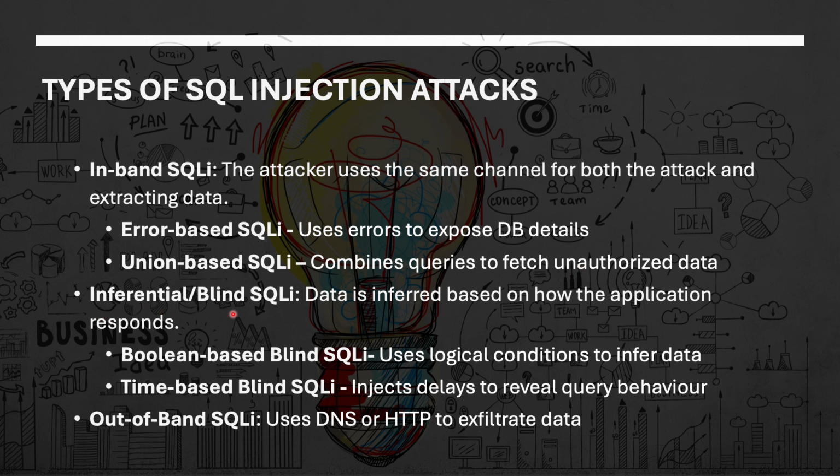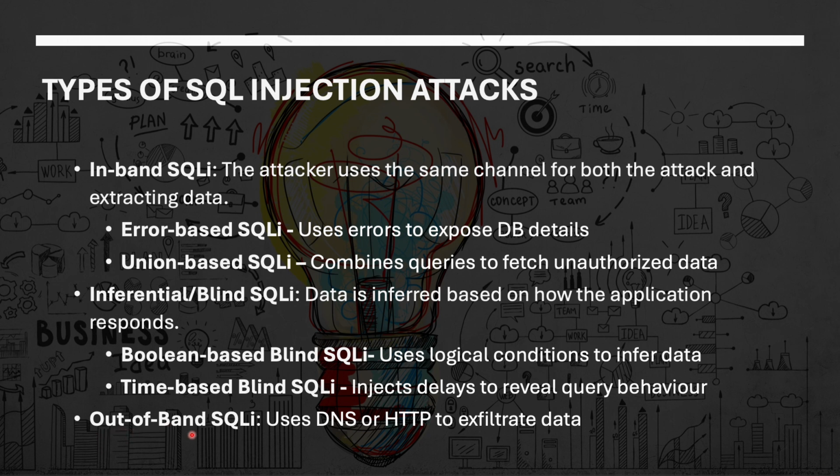Then we have inferential or blind SQLi, which doesn't reveal the data directly but infers it through application behavior. In this, we have first Boolean-based blind SQLi, where attackers use true or false queries to guess the data. Then we have time-based blind SQLi, where attackers measure the delay in response to gather information.